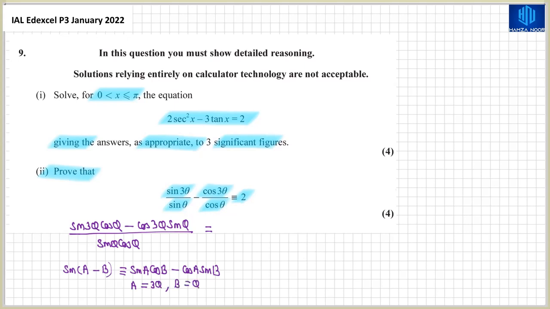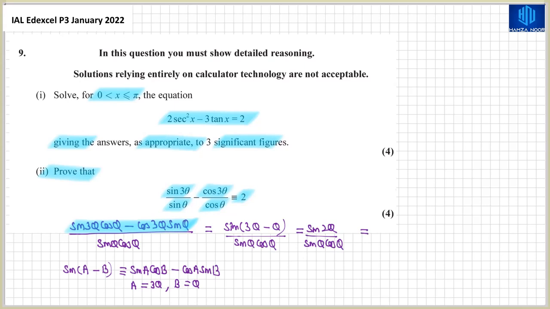In place of this expanded form, we can write sin(3θ minus θ), divided by sin θ cos θ. So far we have achieved this. Now in the numerator I can write sin 2θ, since 3θ minus θ is 2θ. So we have sin 2θ divided by sin θ cos θ.